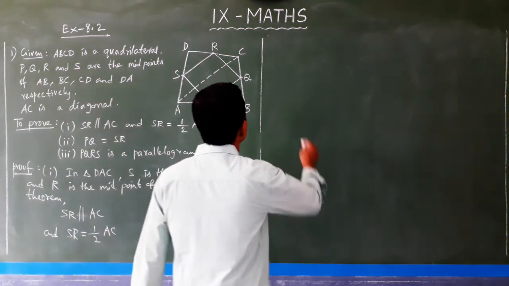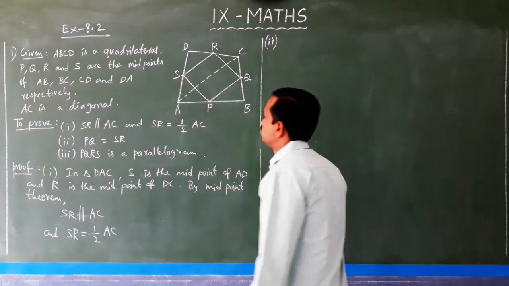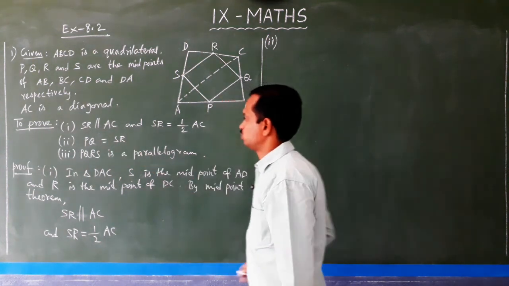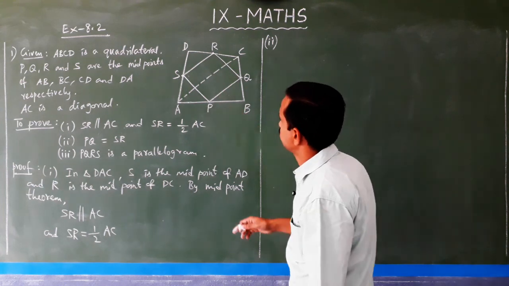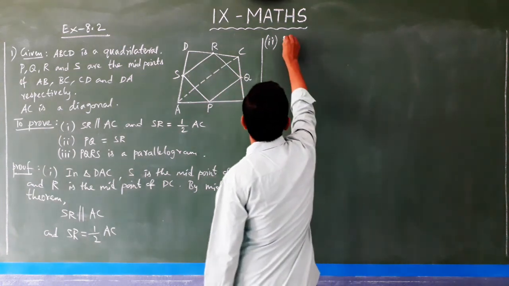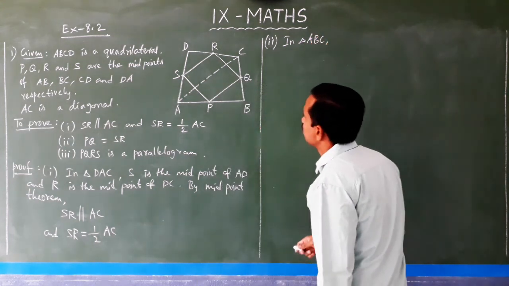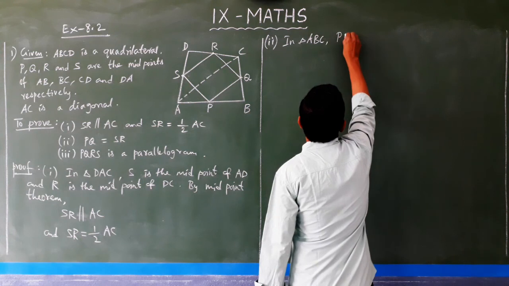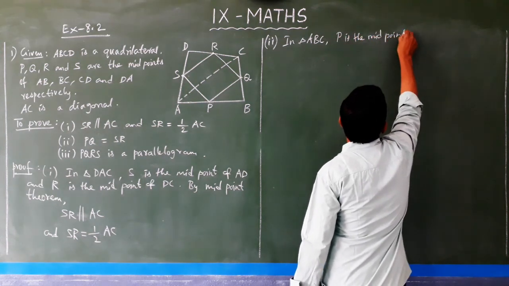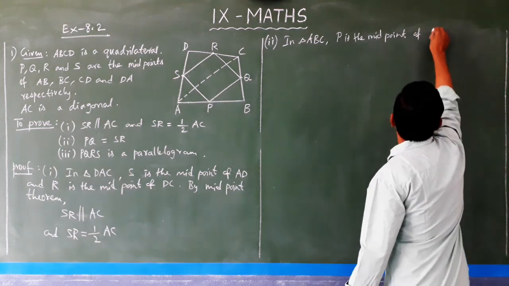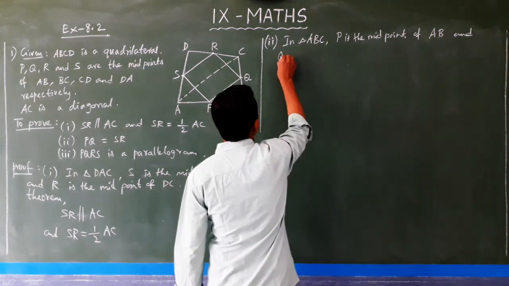And coming to option 2, it is that PQ equal to SR. So for that we have to say about PQ and SR. You take triangle ABC. In triangle ABC, P is the midpoint of AB and Q is the midpoint of BC.